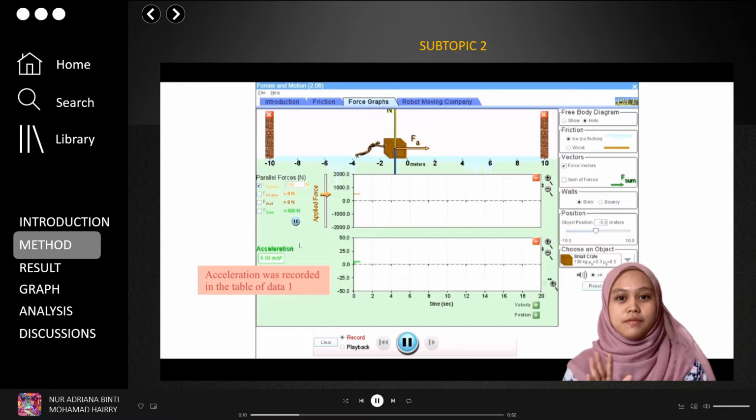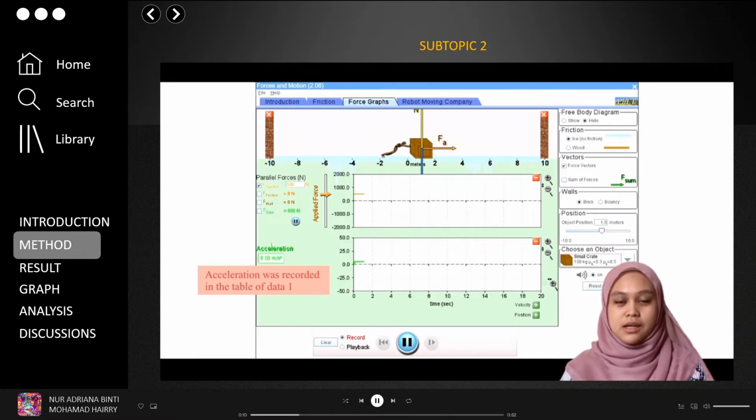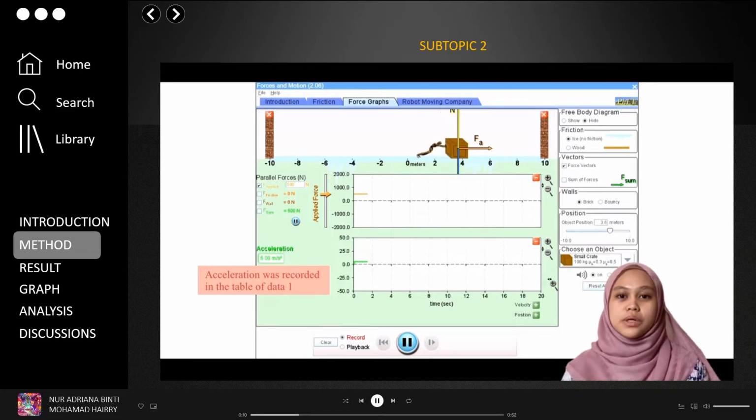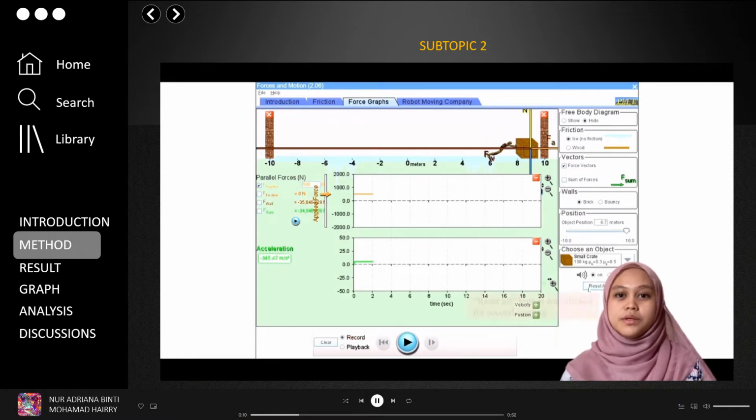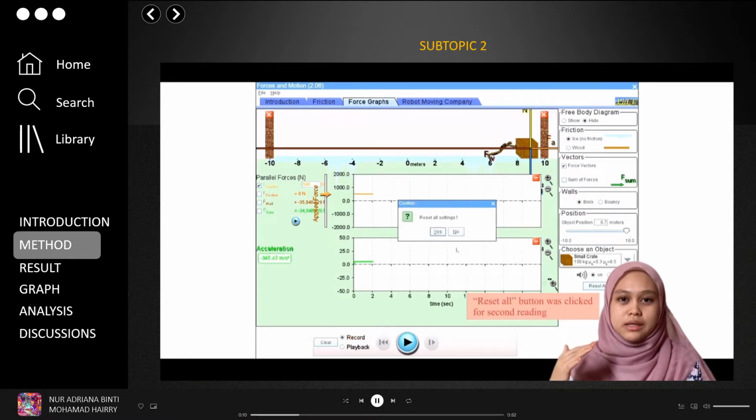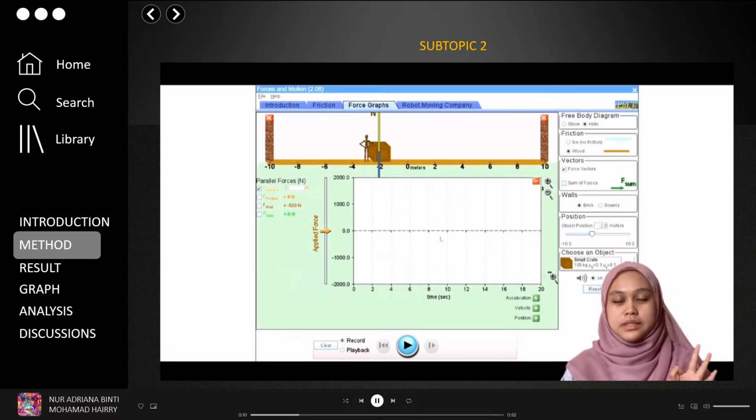At the end of the experiment, the reset all button was clicked for the second reading. The above steps were repeated at least 3 times for each data to get more accurate data.